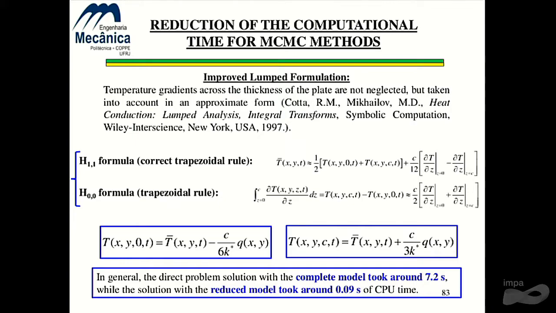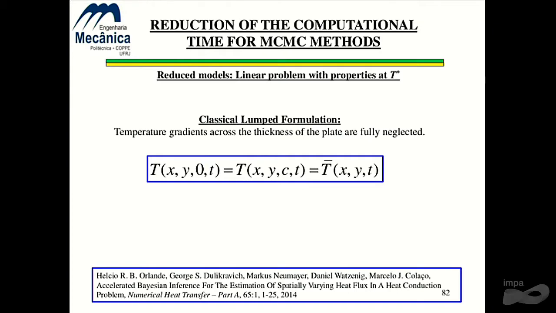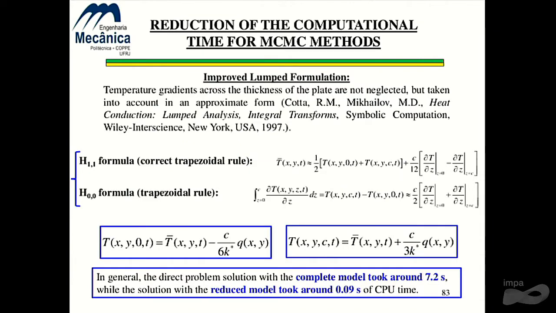The temperatures at the surface are related to the mean temperatures by these expressions, which is only post-processing. So I solve this problem for the mean temperature. If I consider the classical lumped formulation, the surface temperature is equal to the mean temperature. In this case, the surface temperatures are computed by these expressions, also by only post-processing.